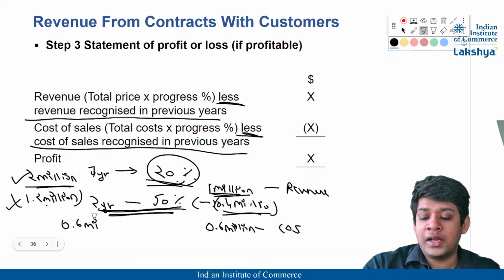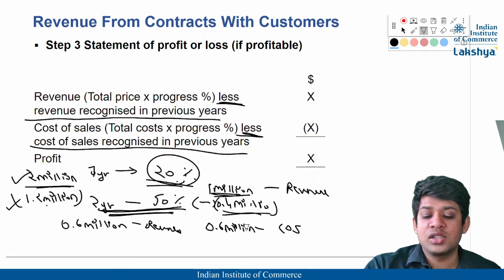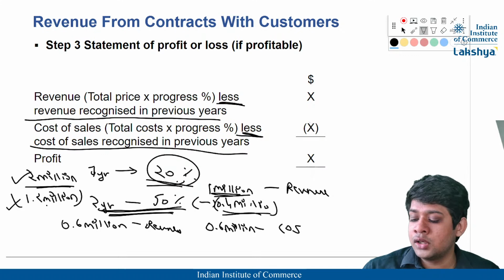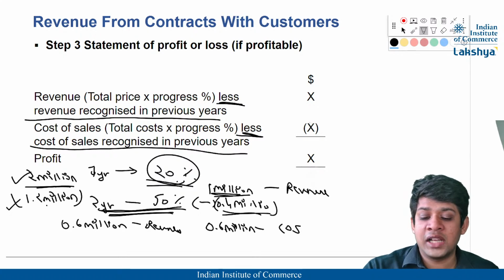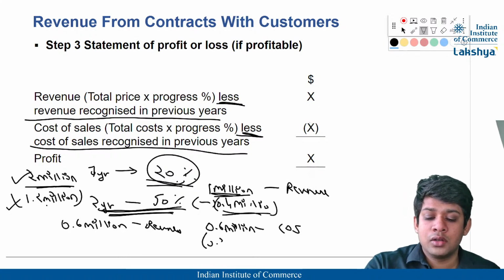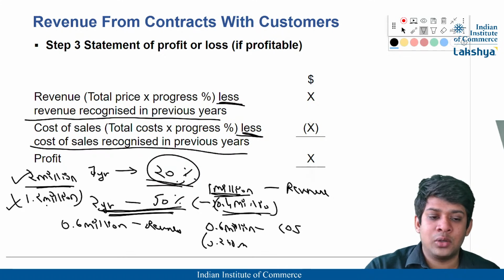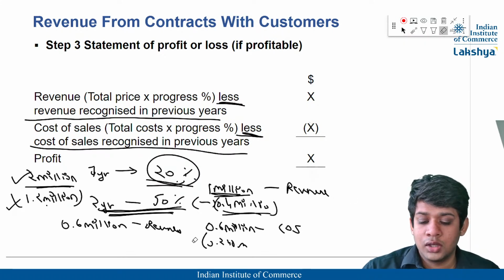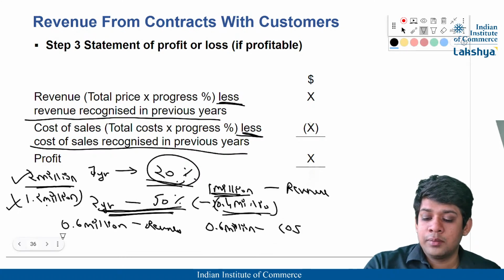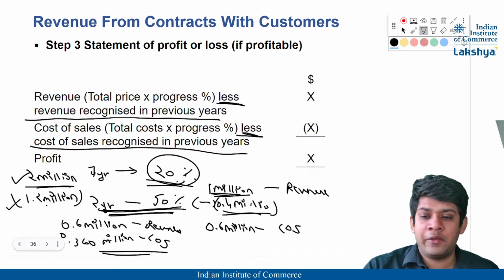So 0.6 million will be recognized this year as revenue, and cost of sales will be 20% of my 1.2 million that I've recognized previously, which is 240, right? So 0.240 million, or I'll just write 2,40,000. From 6 lakh, 2,40,000 has already been recognized. So the remainder, 0.360 million, or you can say 3,60,000, can be recognized as my cost of sales. I hope this is clear to everyone.